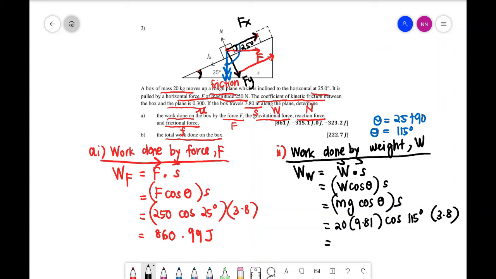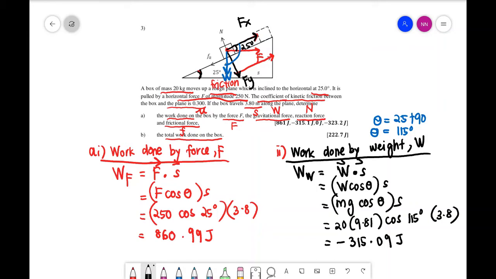So 20 times 9.81 times cos 115 times 3.8 equals negative 315.09 joules. So it is negative. Work done by weight is negative.